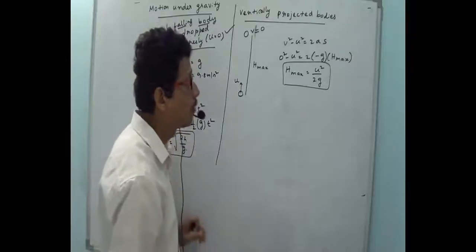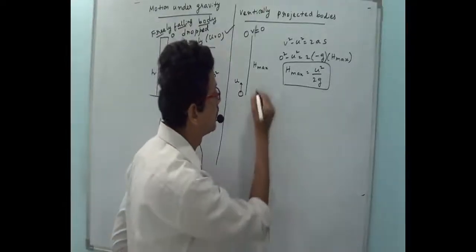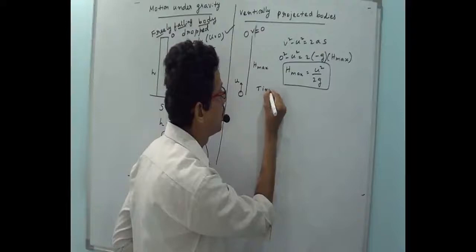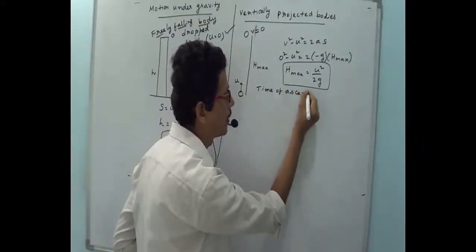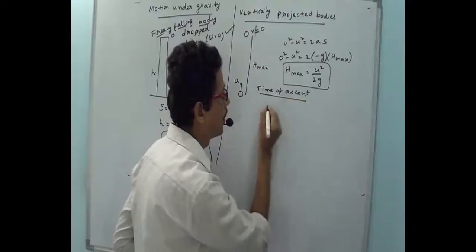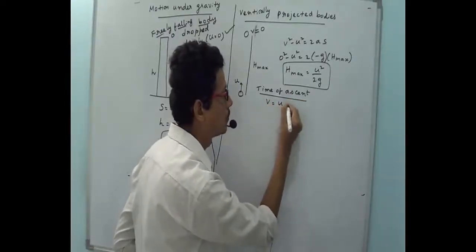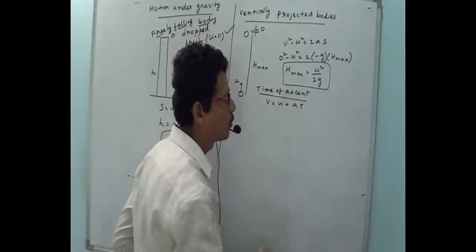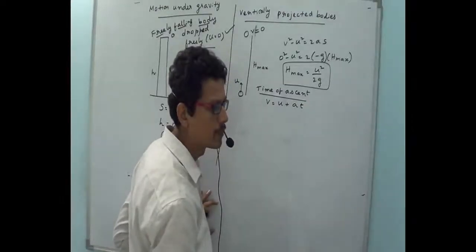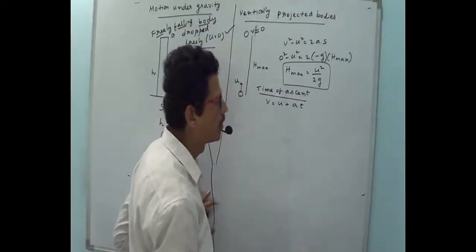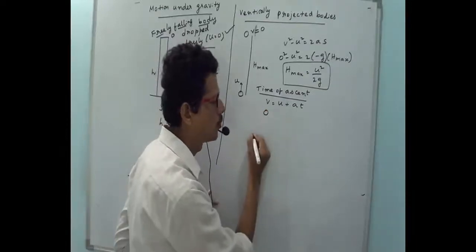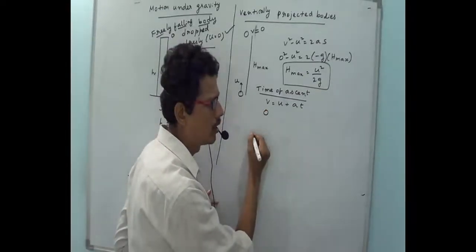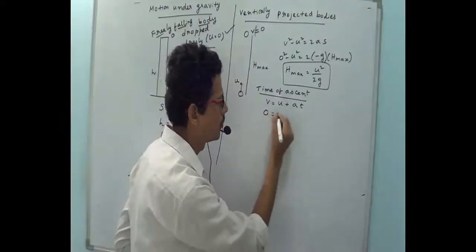And what about time of ascent? Time of ascent. It is the time taken by the body to reach the maximum height. So I will take this formula, v is equal to u plus at. And at the maximum height, v is 0. Final speed is 0.